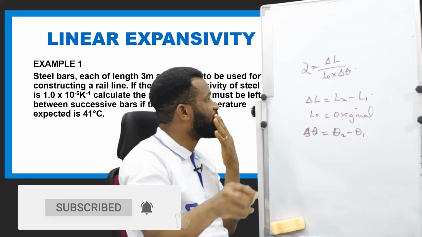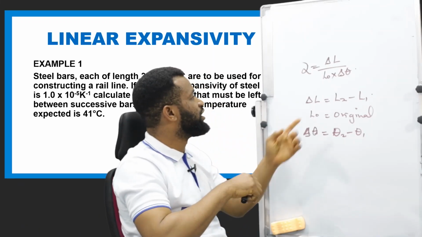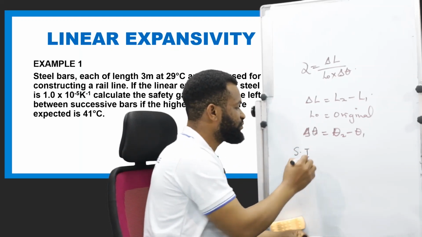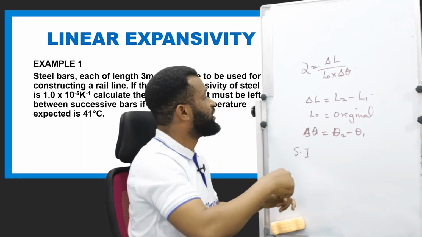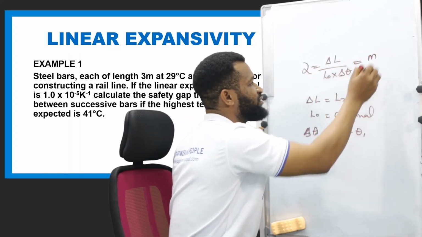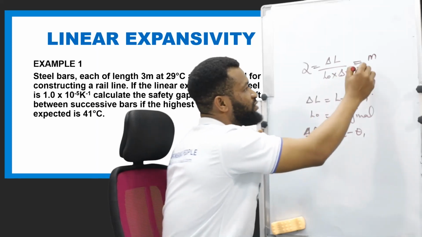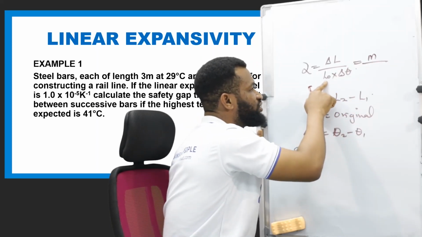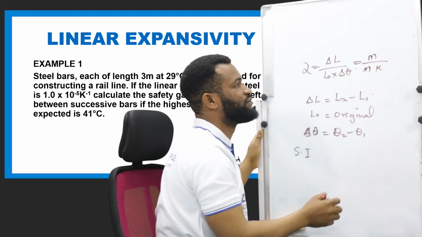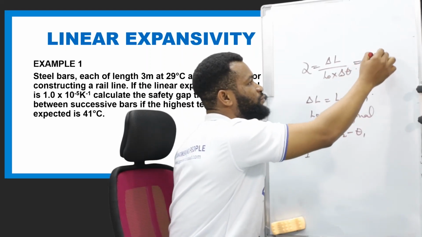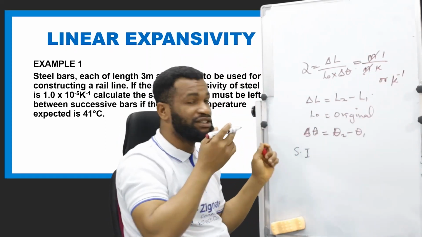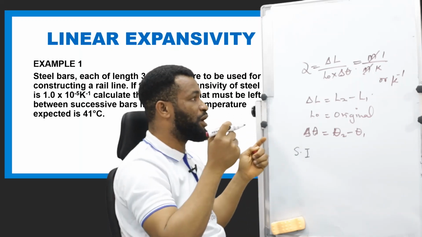Now from this, we can talk about the SI unit of linear expansivity, such that when we talk about change in length, we are talking about meter, right? When we are talking about original length, we are also talking about meter. And when we are talking about temperature, we are talking about Kelvin. So when the meters cancel, we have 1 over Kelvin, which is Kelvin raised to power minus 1.